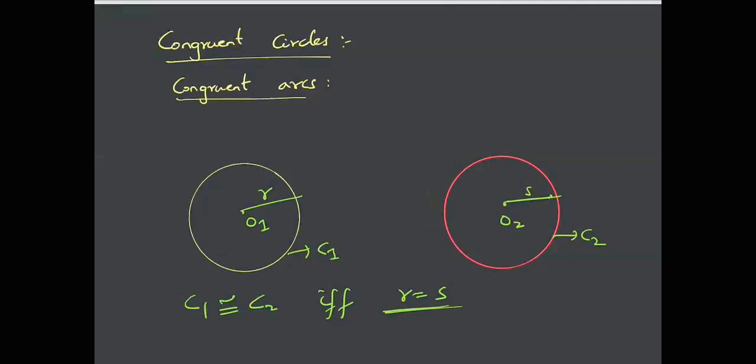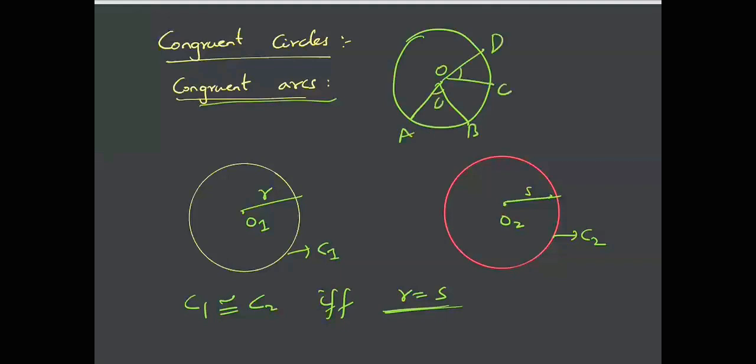And congruent arcs, we have already seen yesterday what congruent arcs are. So if there are two arcs in a circle which subtend the same angle, then they are said to be congruent arcs. So if theta is equal to alpha, then arc AB is congruent to arc CD.